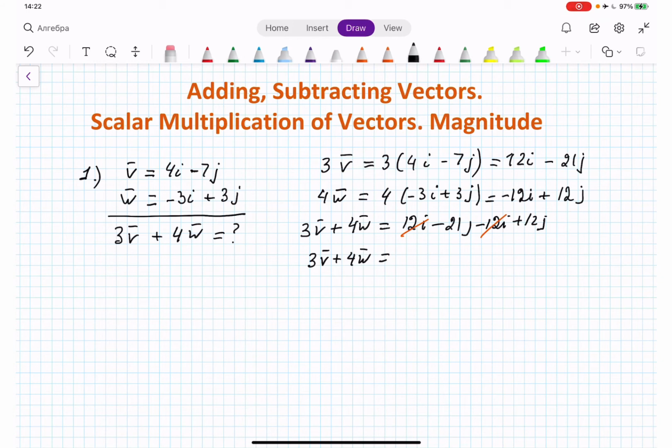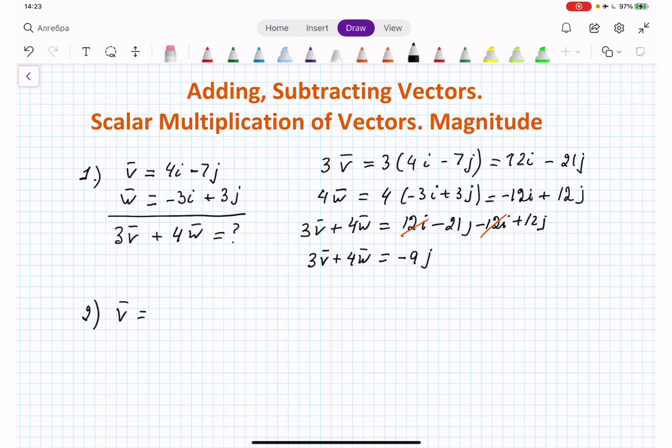And we get negative 21j plus 12j, it's going to be negative 9j. Question number 2. So we used addition and scalar multiplication on vectors. Next one.